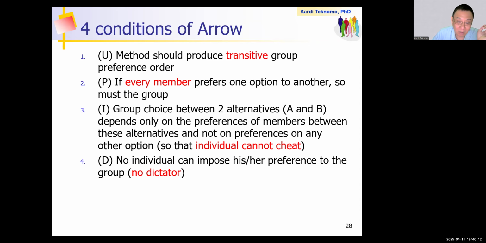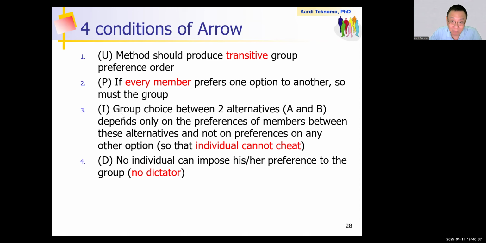This is based on the Pareto principle. When every individual prefers X to Y, then of course the aggregation function should be the same. So the group must reflect the individual, right?